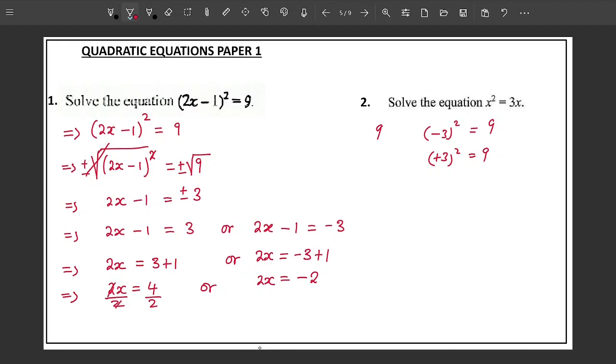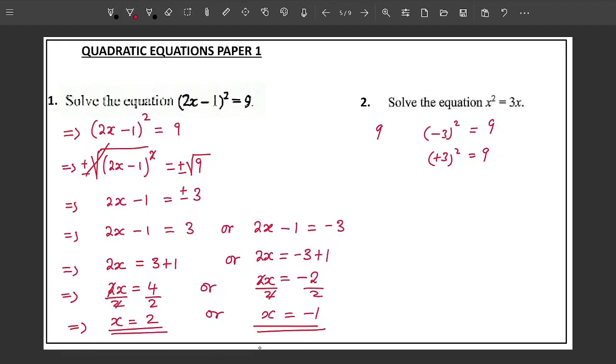So 2 into 2, it will go, then 2 into 4, it will be 2. So here you are going to have x is equal to 2, or on this side we are also going to say over 2, also over 2. So x goes like that. Here you remain with x is equal to 2 into negative 2, it will be negative 1. So this will be either your answer is x is equal to positive 2, or x is equal to negative 1.